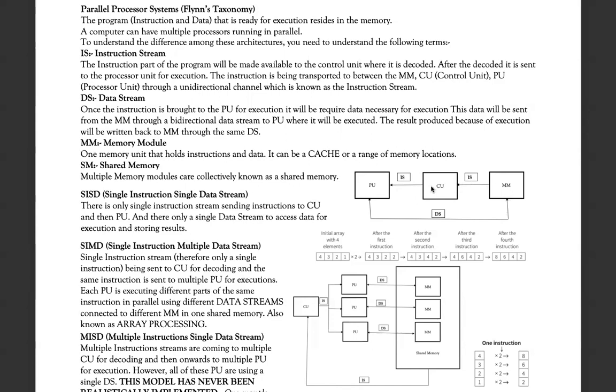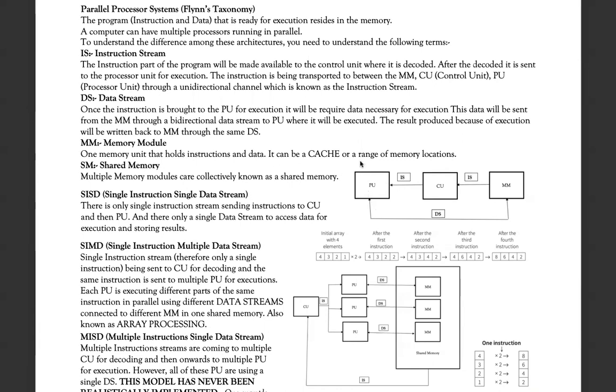From my memory module, first it will reach the control unit. As you know, the control unit is responsible for decoding instructions. The control unit would decode this instruction and forward it to the processing unit, where it will be executed. This processing unit works in collaboration with the arithmetic and logic unit to carry out the execution of this instruction.